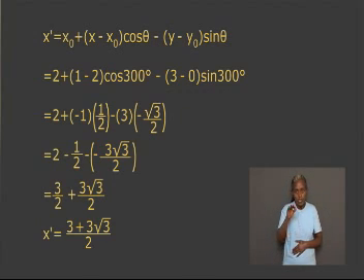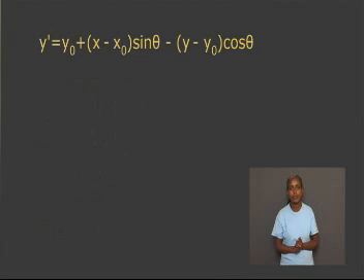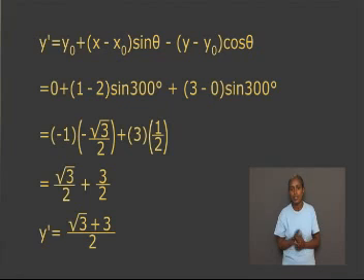We find that x prime is 3 plus 3 times the square root of 3 over 2. We can also use our formulas and substitute the values to find y prime. We find that y prime is the square root of 3 plus 3 over 2.